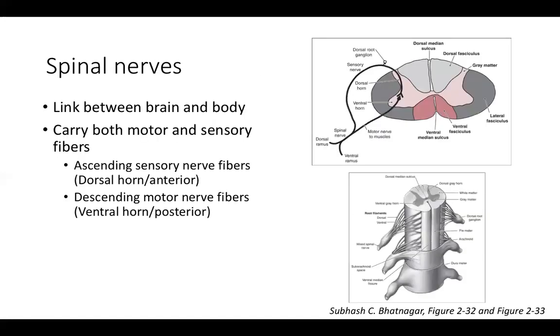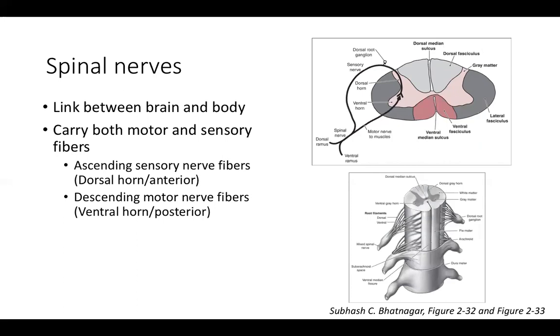Giving you a little bit more detail about what the spinal nerves are responsible for, the spinal nerves are the link between the brain and the body. In other words, it is the connection that takes information from the periphery and from the environment, both the external environment, the outside of our body, and the internal environment within our body, so within our organs.